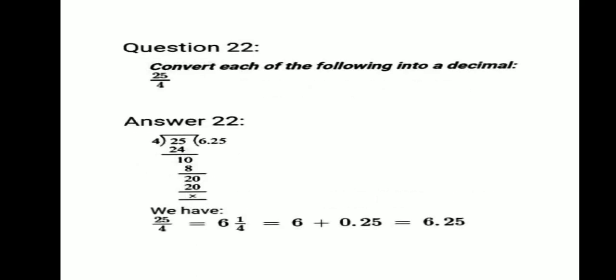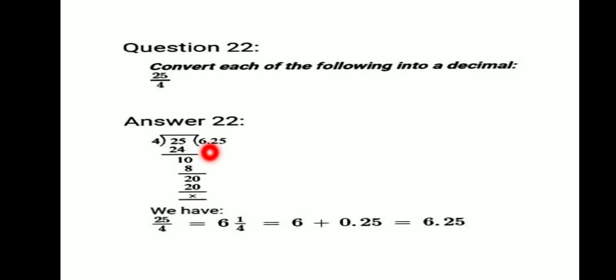Next, question number 22, convert each of the following into decimal. 25 upon 4, so you can divide 25 by 4, and first of all here 4 6 times is 24, and here is 1.